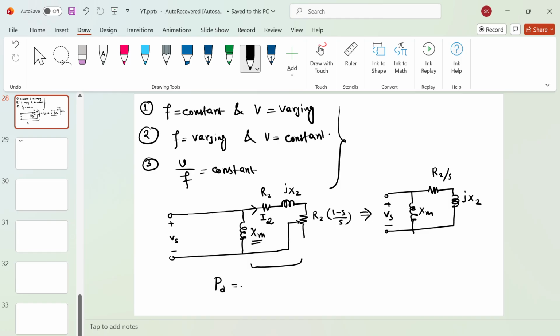PD is equal to, it is three phase, so 3 will come, I2 square into R2 (1 minus S) by S. This is your developed electromagnetic power, because this part is representing the mechanical load in the electrical domain, as a heat loss component.